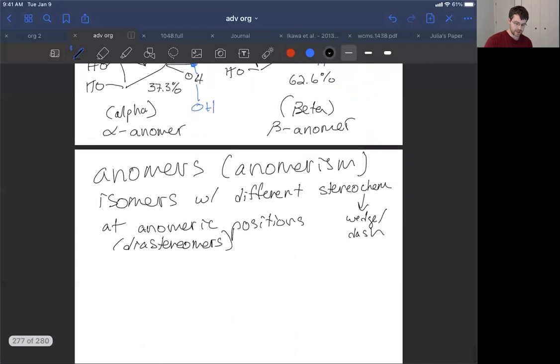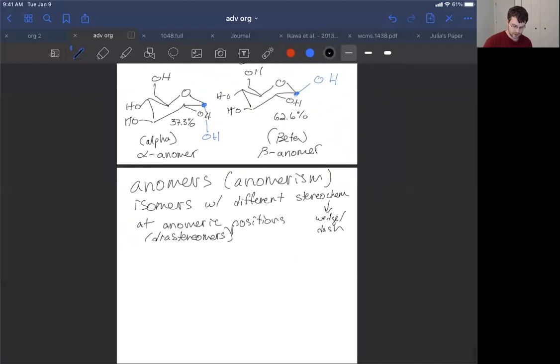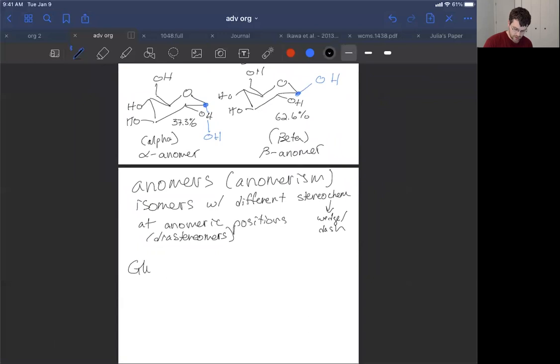So glucose is an example of a glucopyranose.